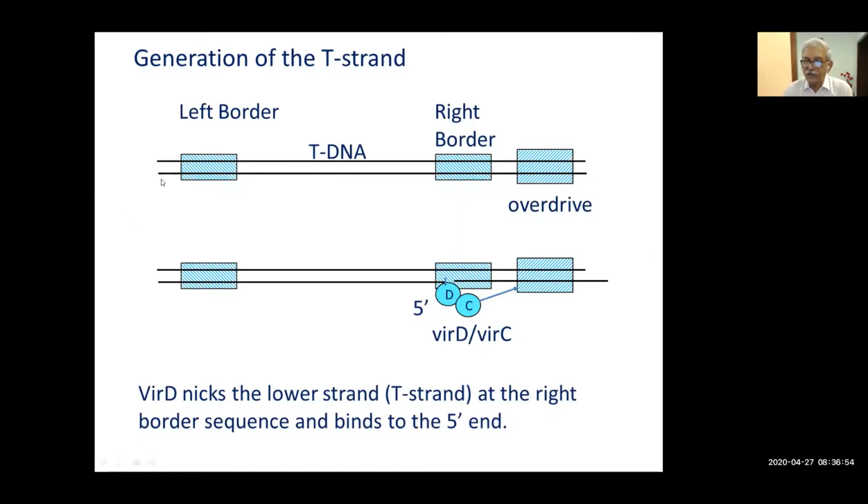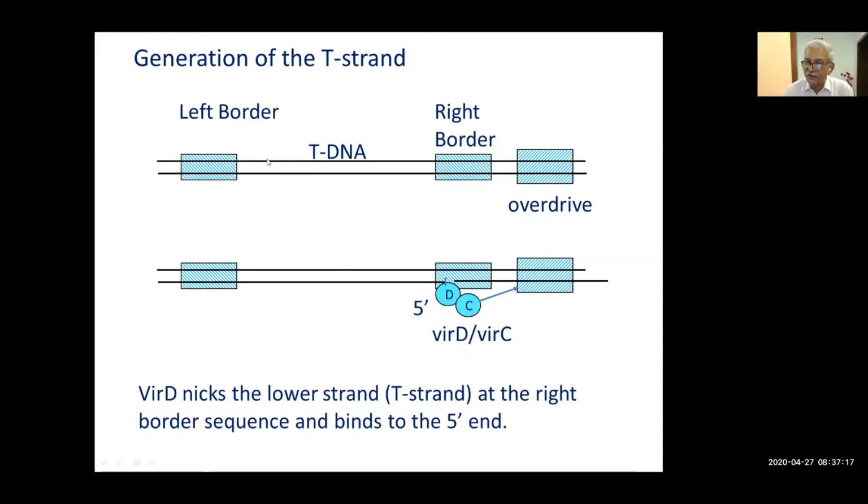So you know a left border and a right border, and there were some genes here in the wild type: octopine, cytokinin, auxins. But in the synthetic plasmid, we replaced all those genes with the genes of our interest.